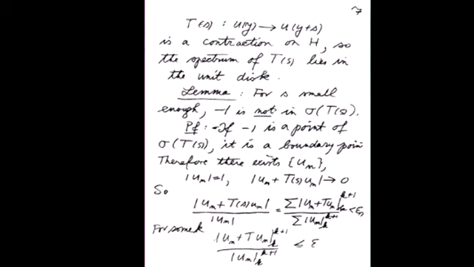Suppose that -1 is a point of the spectrum of T of S. Then it certainly is a boundary point of the spectrum, because everything outside the unit disk is in the resolvent set.